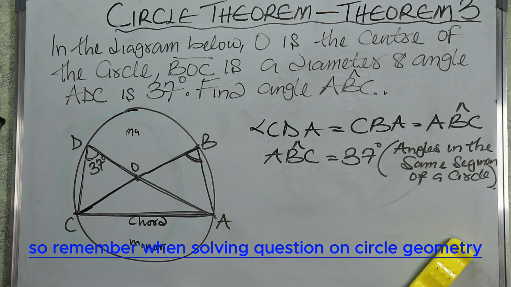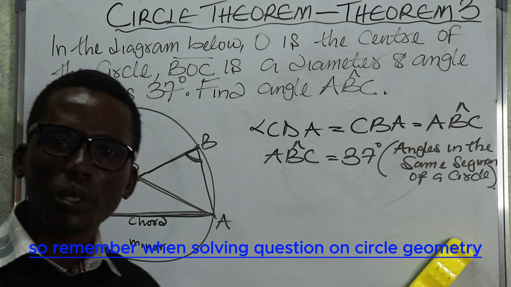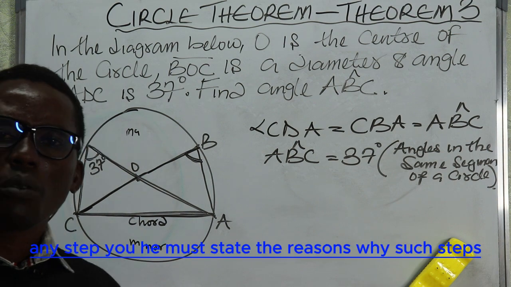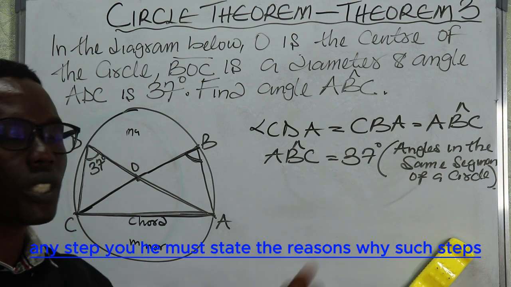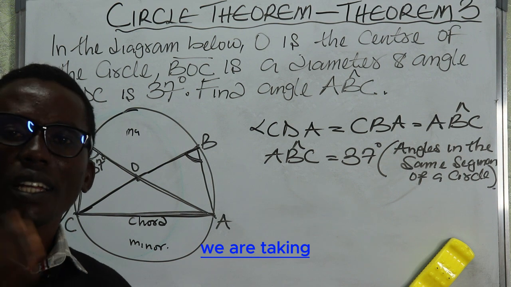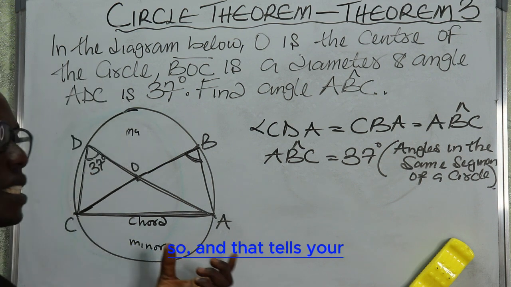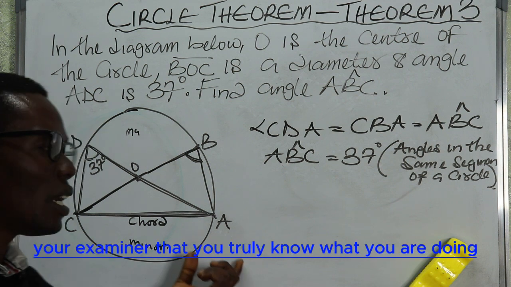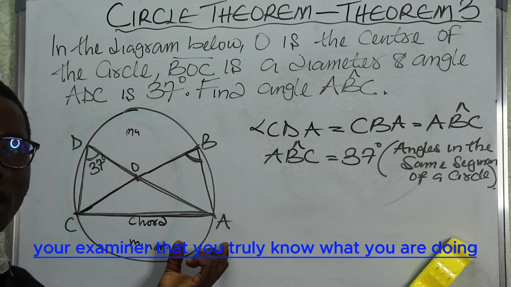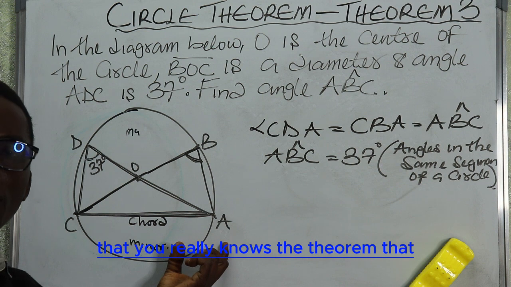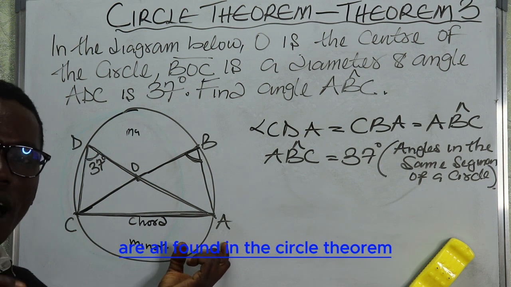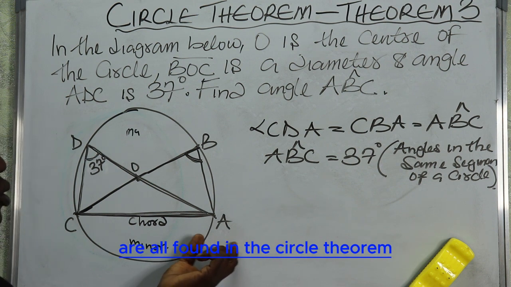So remember, when solving questions on circle geometry, any step you take, you must state the reasons why you are taking such steps. That authenticates your solution, and that tells your examiner that you truly know what you are doing, that you truly know the theorems found in the circle theorems.